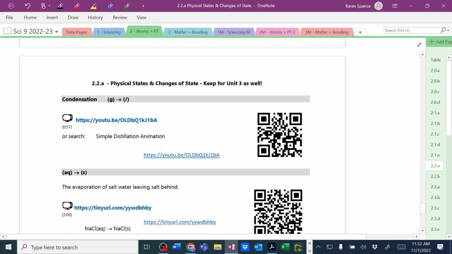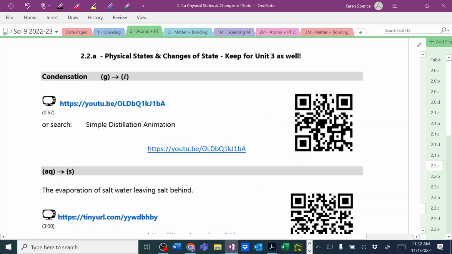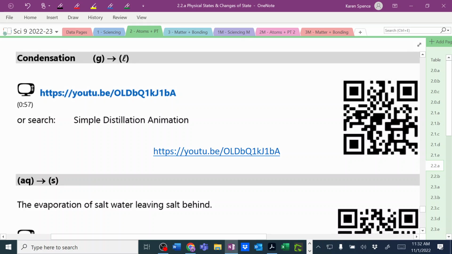Shall we watch some gas to liquid? Okay, so this is distillation. Have you guys heard of distillation? Distillation can be a way of separating either two liquids with different boiling points or a liquid from a solid. It could be a way of separating the water from salt water.